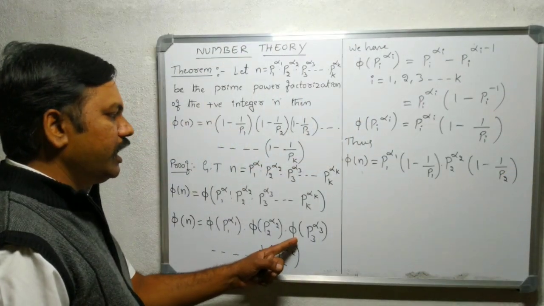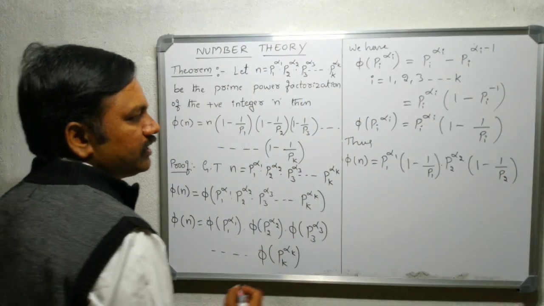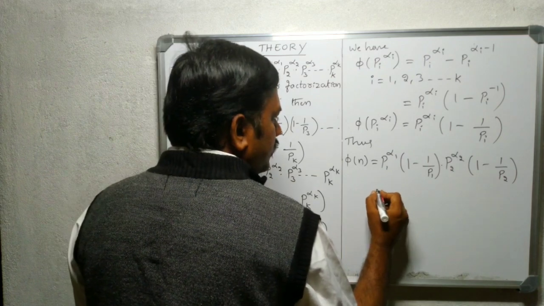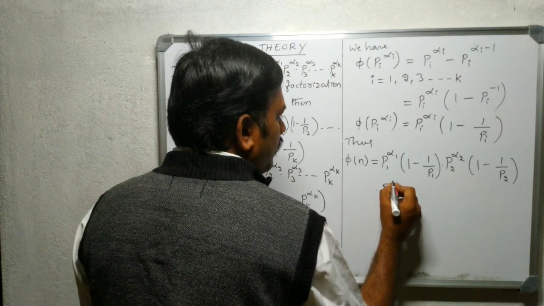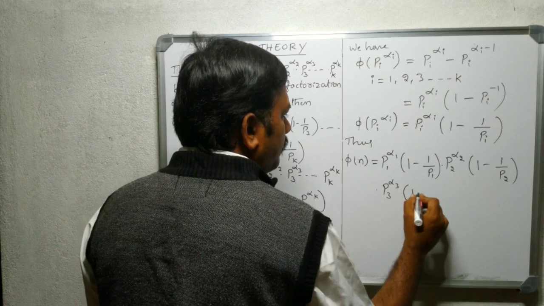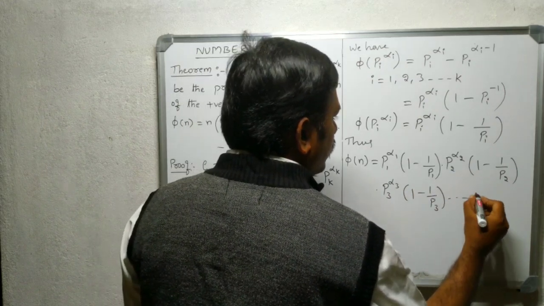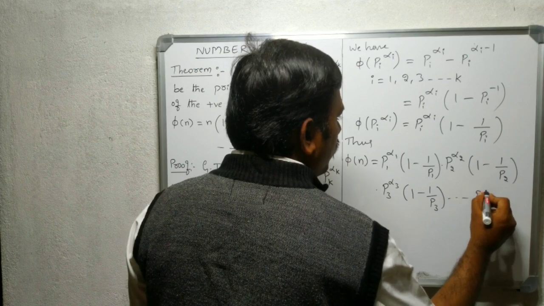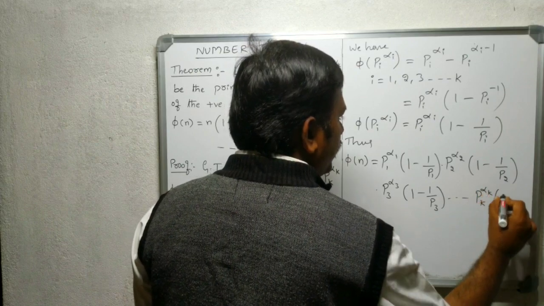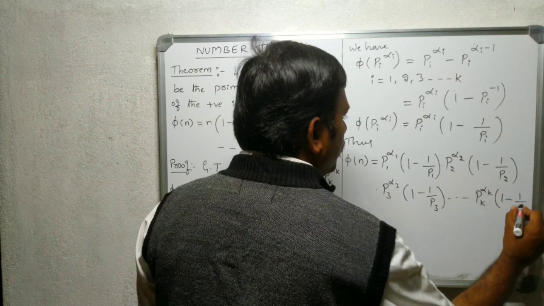And similarly phi of p3 to the power of alpha 3 can be written as p3 to the power of alpha 3 into 1 minus 1 by p3, so on pk to the power of alpha k into 1 minus 1 divided by pk.